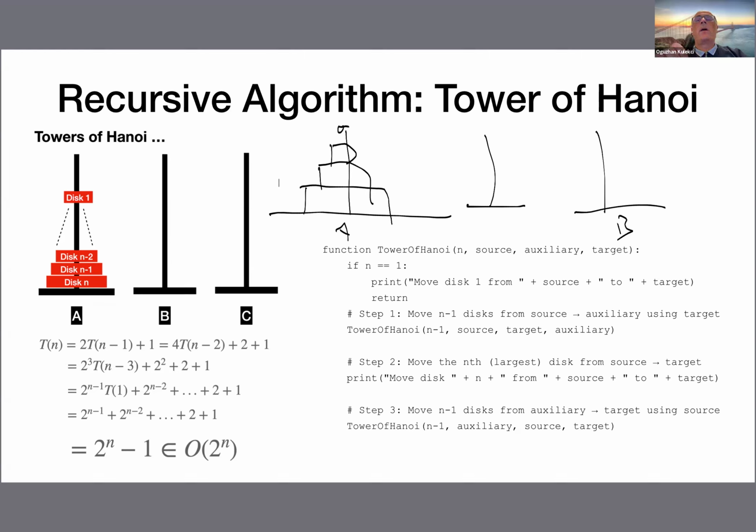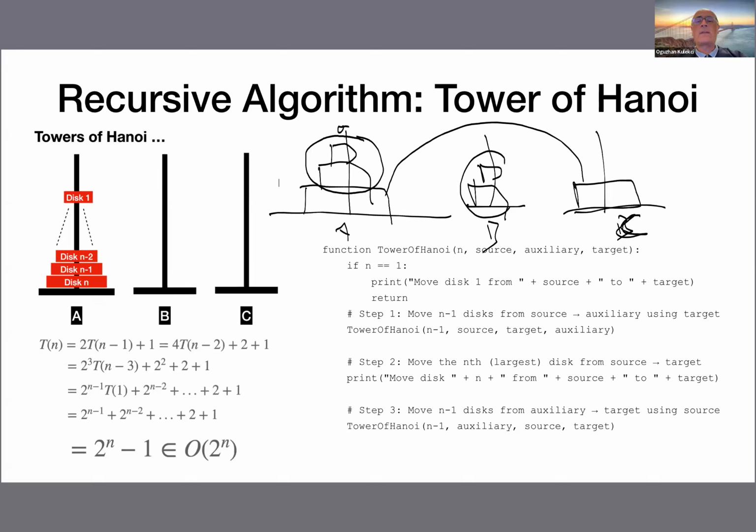If I can carry the top 2 items from A to B first, then I can move the large disk to C and then move these 2 guys to the top of this one again.